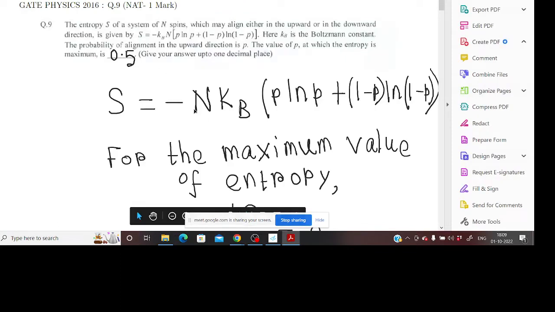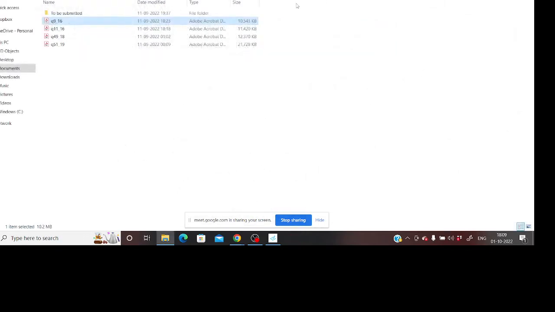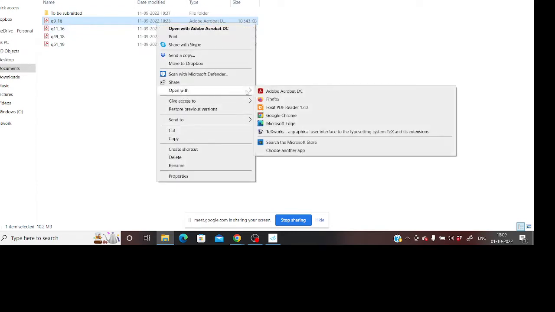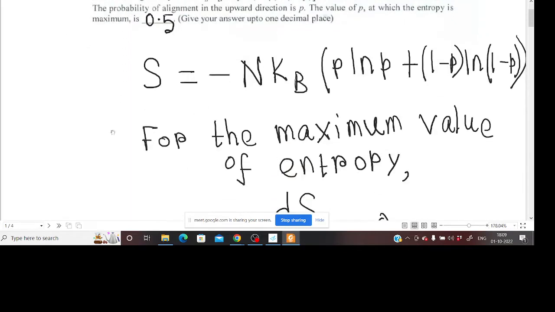So here, entropy is S equal to minus n kB [p log p plus (1 minus p) log (1 minus p)].